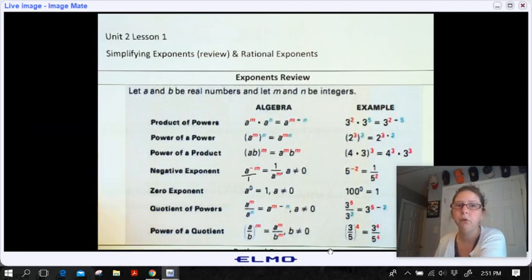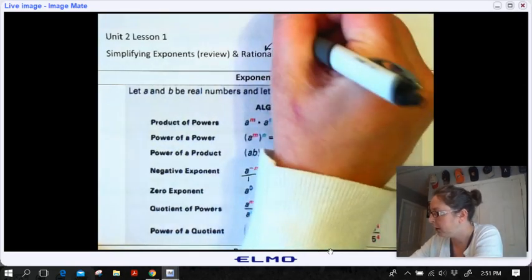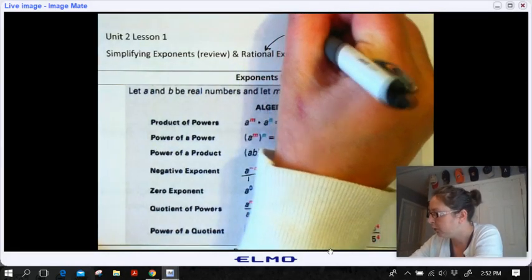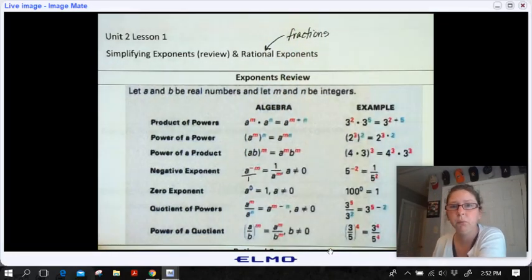What we're about to do is go ahead and include rational exponents into this. Now, rational just means fractions, or also could be decimals, okay?